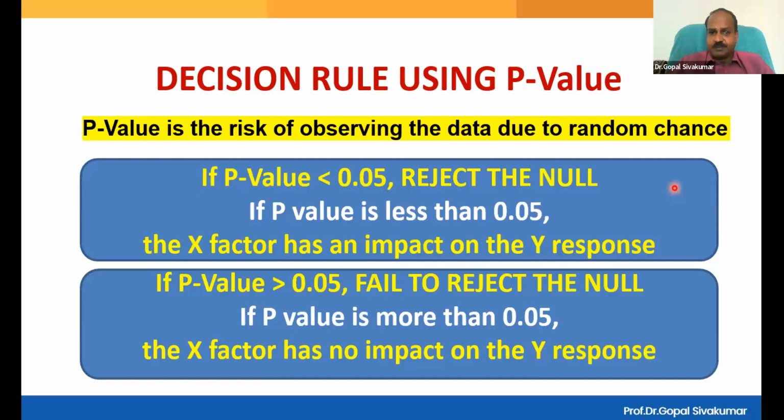Clear? So now read the decision rule. P-value is less than 0.05. Now you can make a claim, isn't it? Now you can differ from the others' opinion. That is why you are proceeding and you are rejecting the null. Hereafter, don't consider temperature as a non-critical factor. No, it is a critical factor.